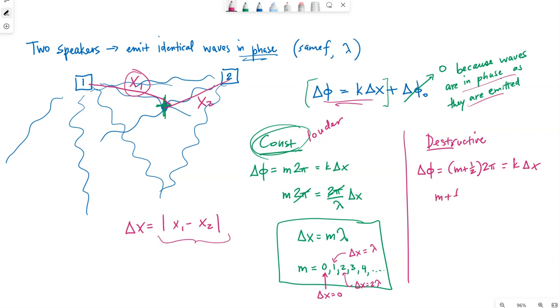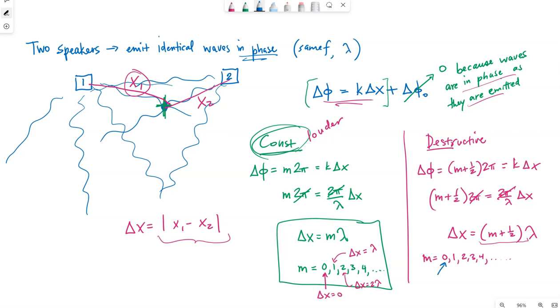So if we plug in k as 2 pi over wavelength, we find that this difference in distance has to be a multiple of half a wavelength. The way we write this with the quantity m plus 1/2 is so that we can use the same possible m values for both destructive and constructive.